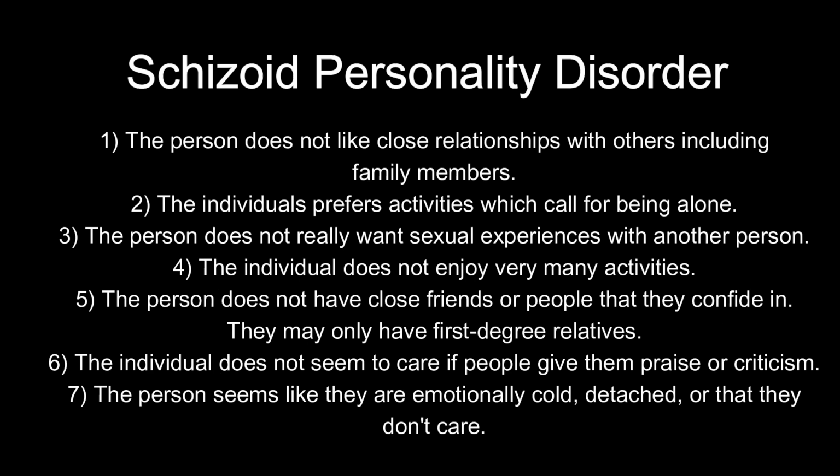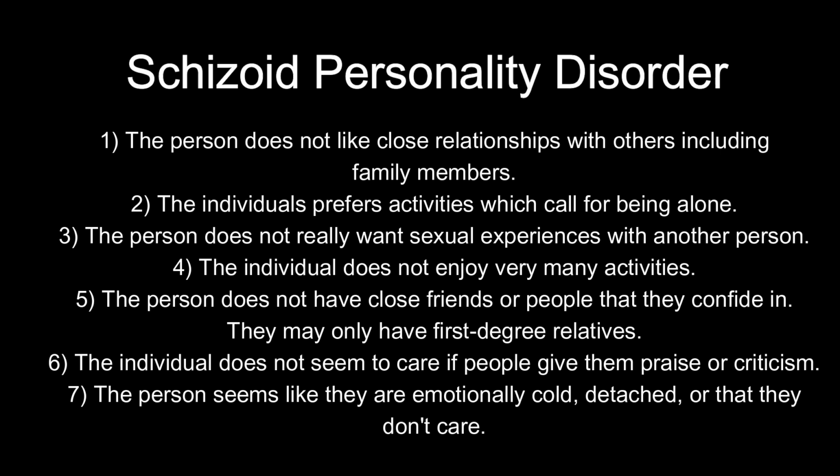1. The person does not like close relationships with others, including family members. 2. The individual prefers activities that call for being alone. 3. The person does not really want sexual experiences with another person. 4. The individual does not enjoy very many activities. 5.